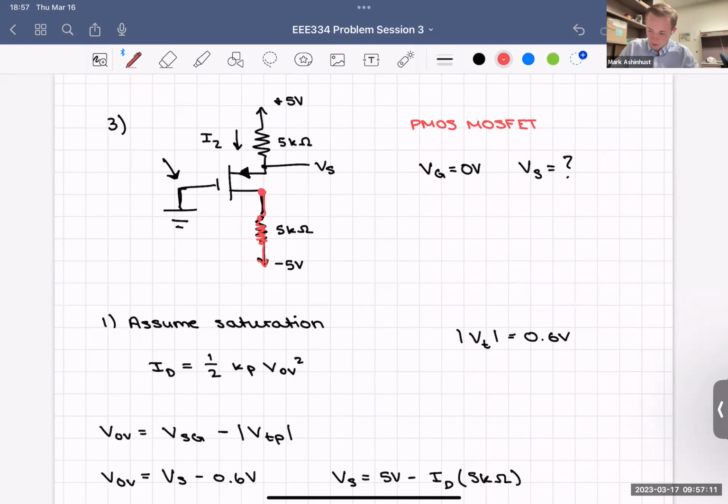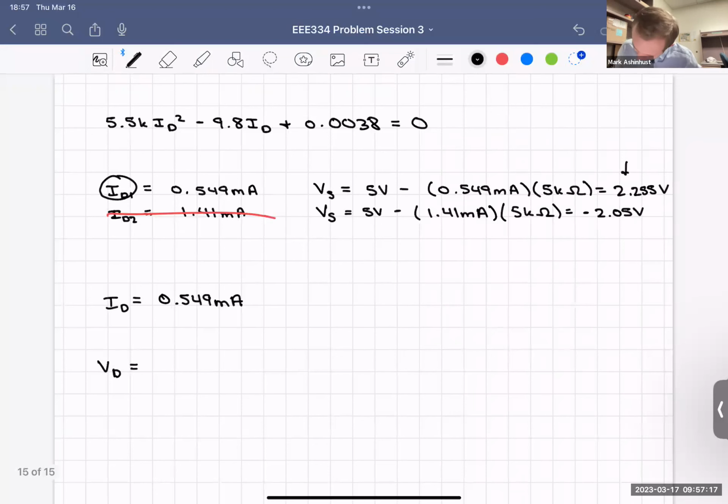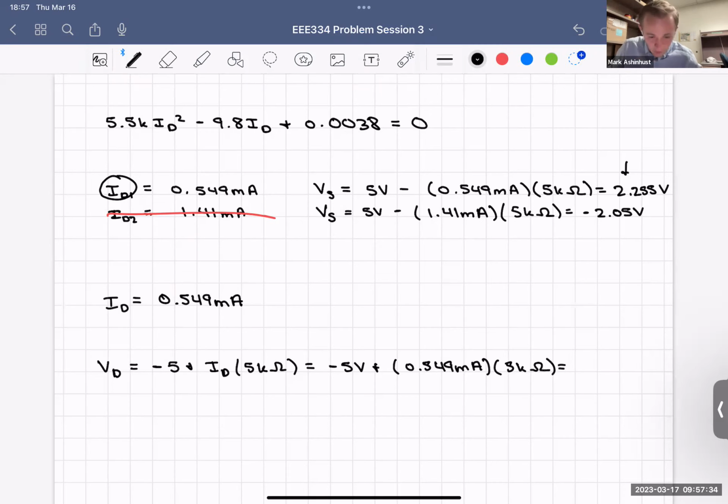So we have negative 5 plus ID times 5K, which is going to be negative 5 volts plus 0.549 milliamps times 5 kilo ohms, which is equal to negative 2.25 volts.